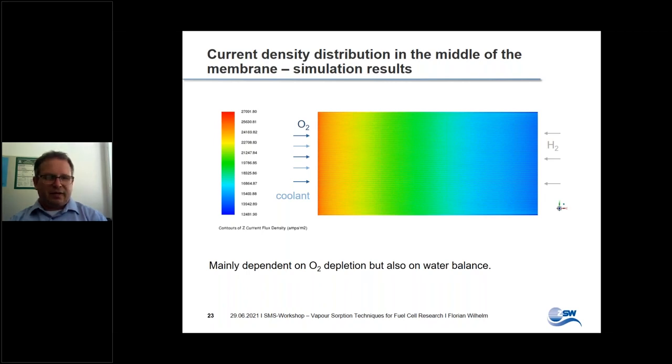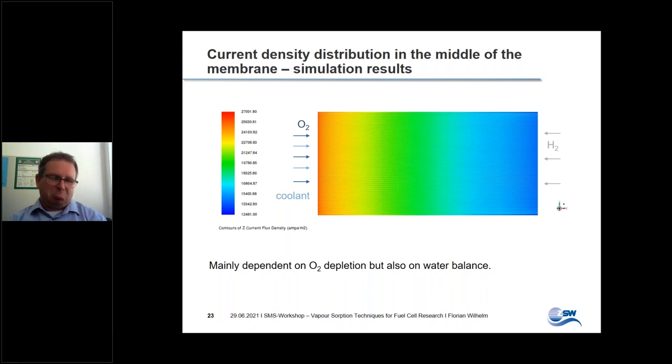As you can see, coming from the right side, where you have the hydrogen inlet and the oxygen outlet, there is a quite low current density, and values increase towards the left, and the highest current density values can be seen at the oxygen entry into the flow field, or the air entry.